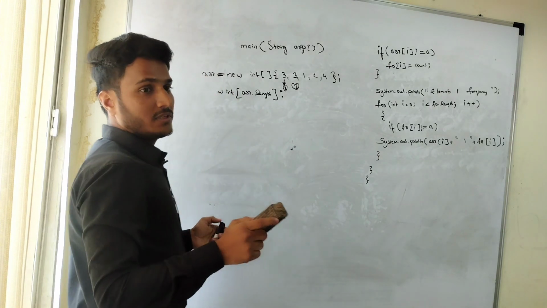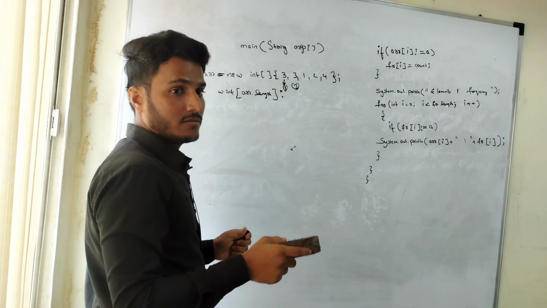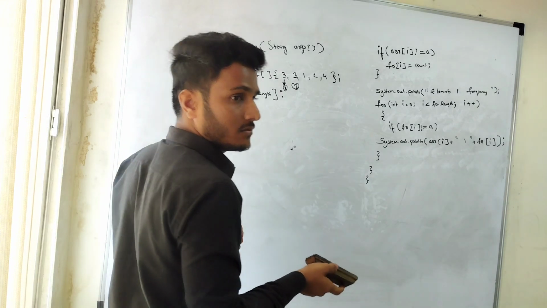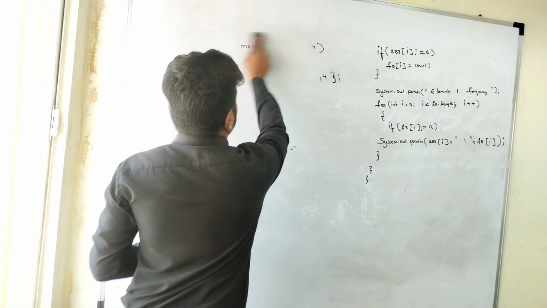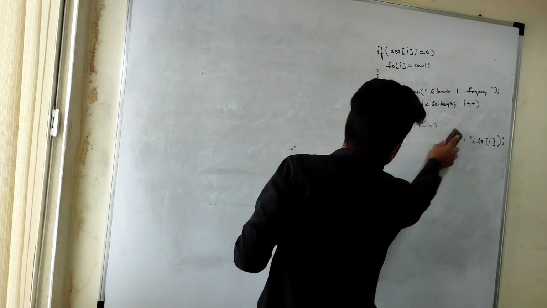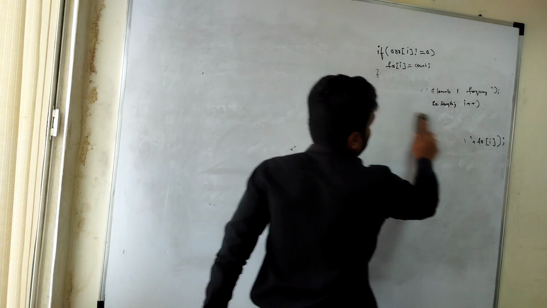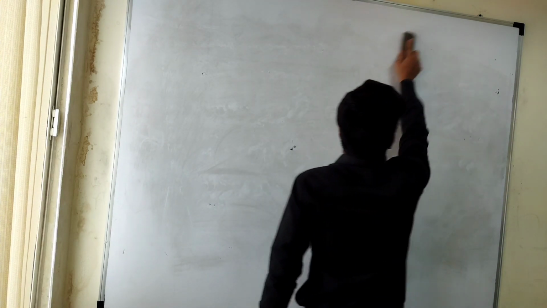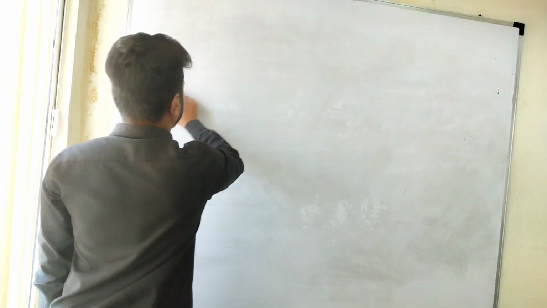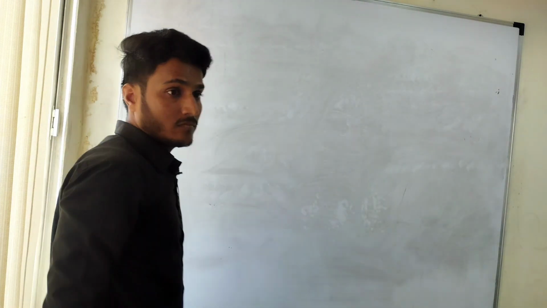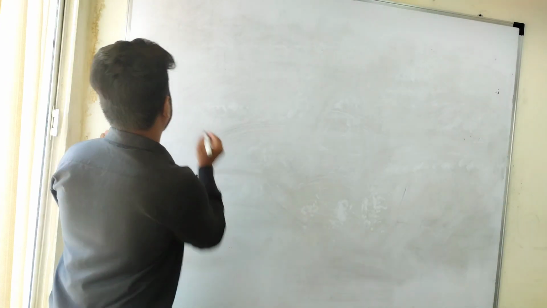We have to compare with the index, each and every one. Only write down the logic. No need of writing the class name or main method. Only write down the logic.